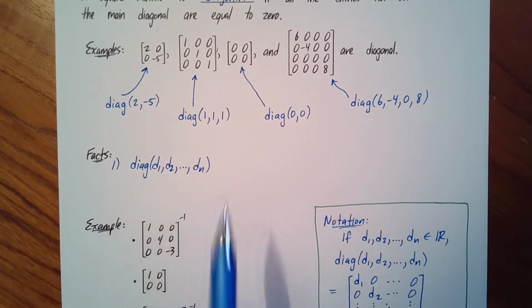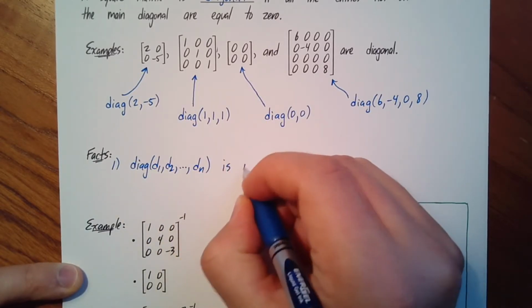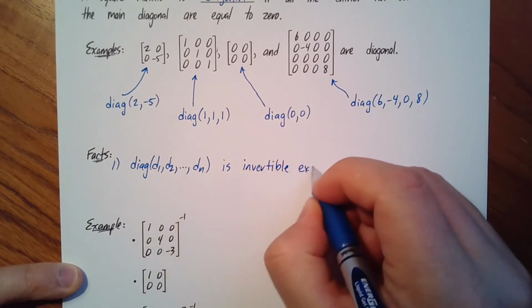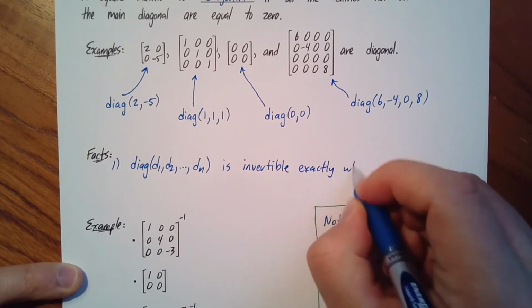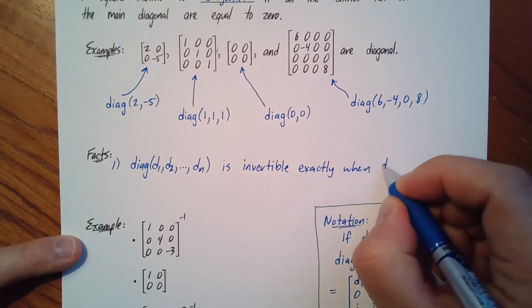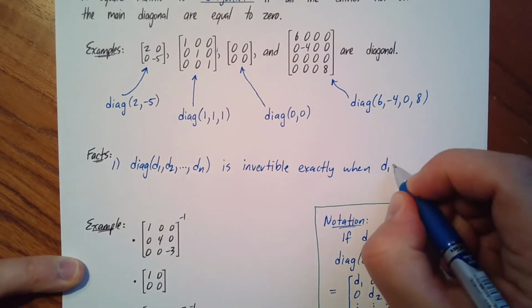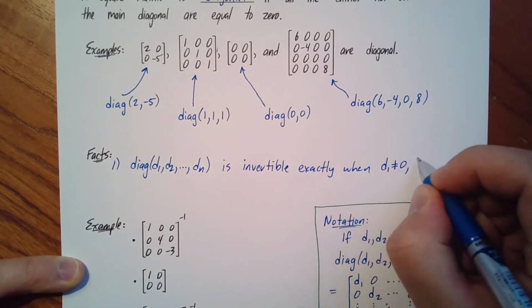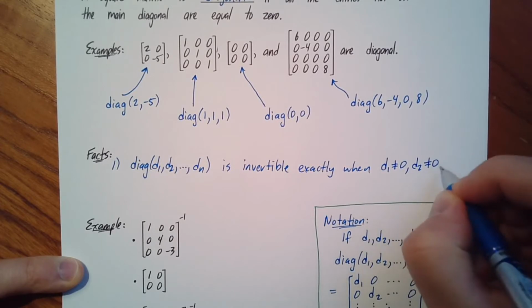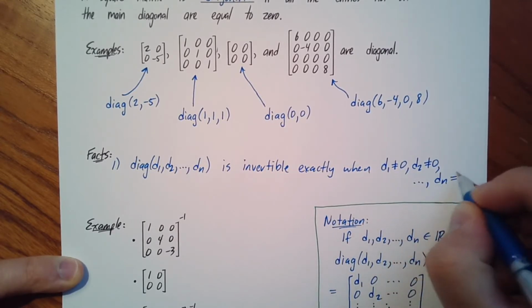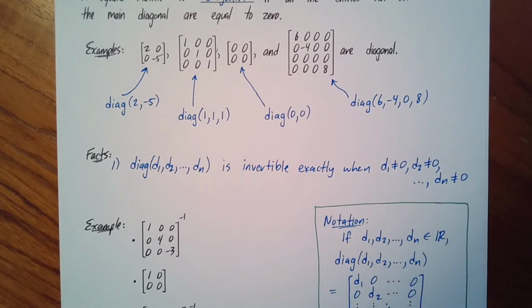So this matrix is invertible exactly when all of the entries in here are non-zero. So D1 is not equal to 0, D2 is not equal to 0, all the way up to Dn is not equal to 0.